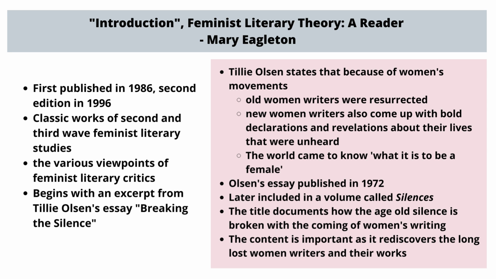This is what it means to be a female, and not what the male writers have always told. So it was during this phase that they realized there was a denial of space for women's representation. Writers like Tillie Olson were instrumental in creating awareness that women writers had been silenced and excluded from literary history.